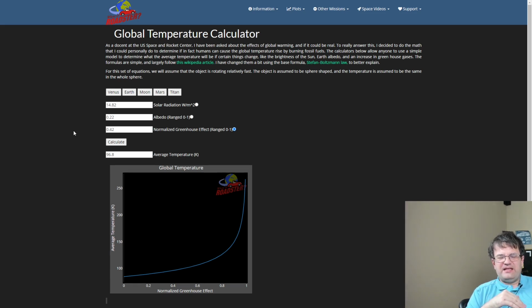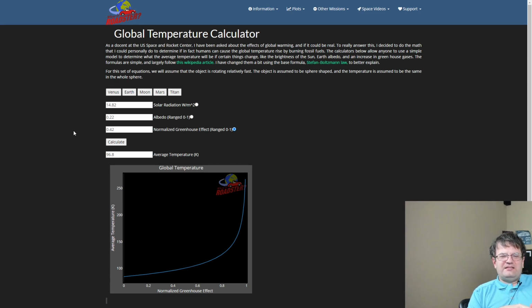But the solar radiation is considerably lower at just about 15 watts per meter squared. So it's 1% roughly of what we get on Earth. And the albedo is, again, fairly low, so it absorbs a lot of the light, but you can see the temperature is quite low. And everything else is either a gas giant or an airless moon in the solar system. So these are really the interesting things that you can play with.